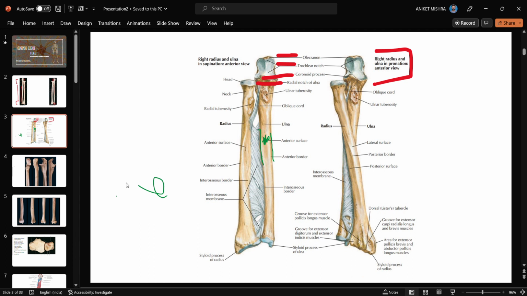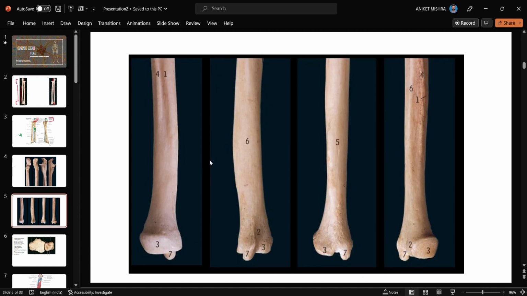When we look at the lower end of the ulna, it consists of the head and the styloid process.